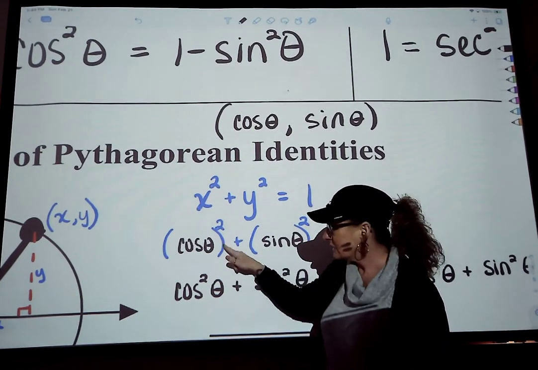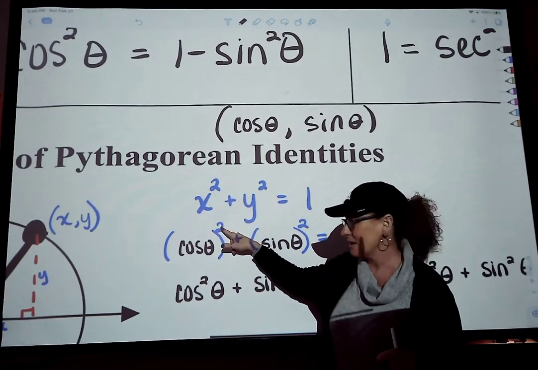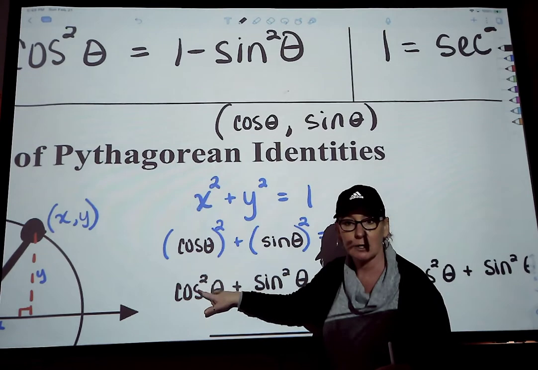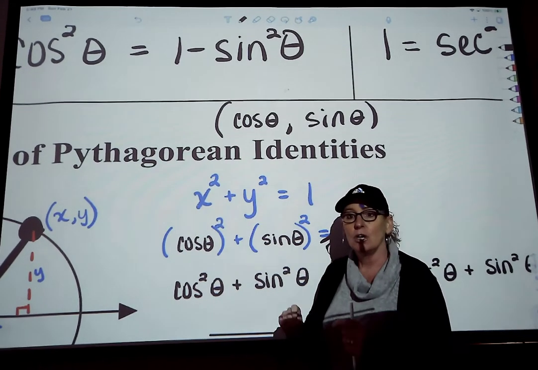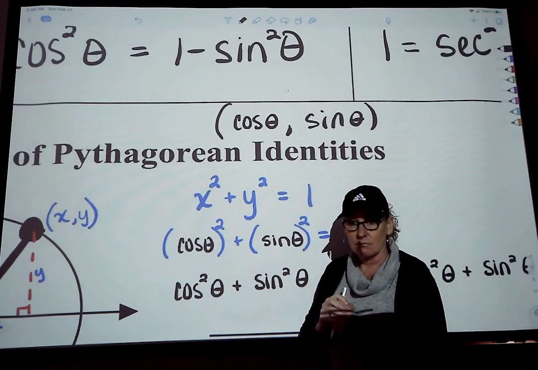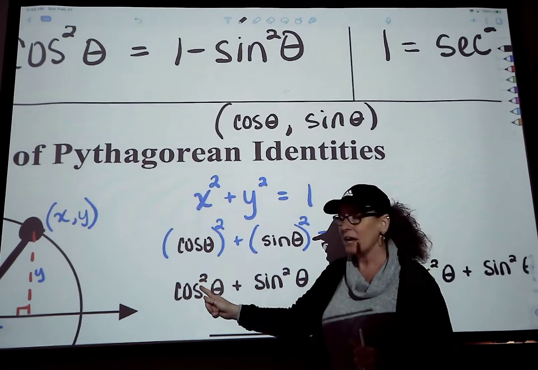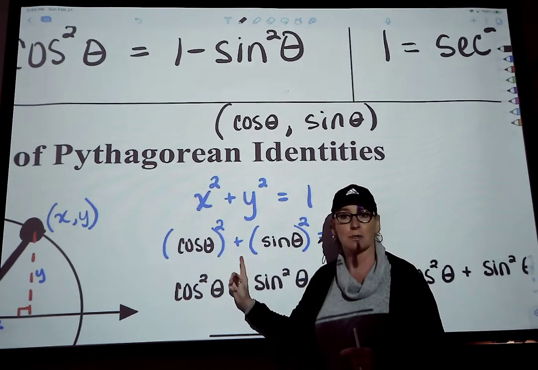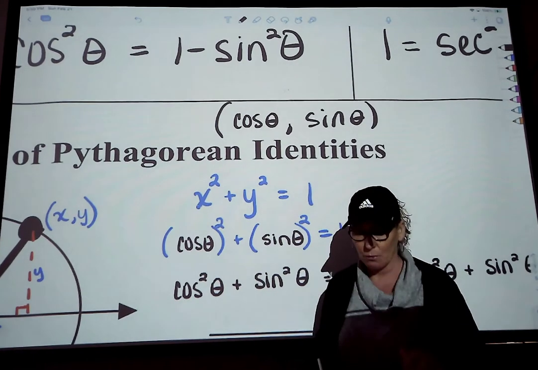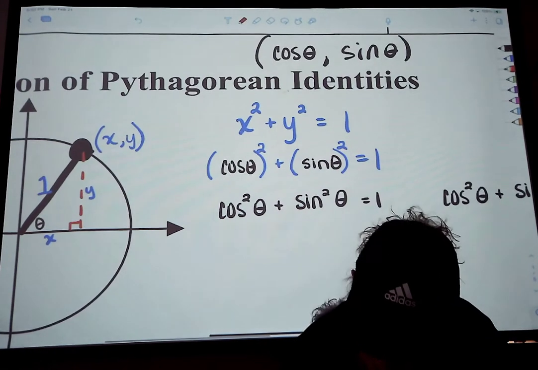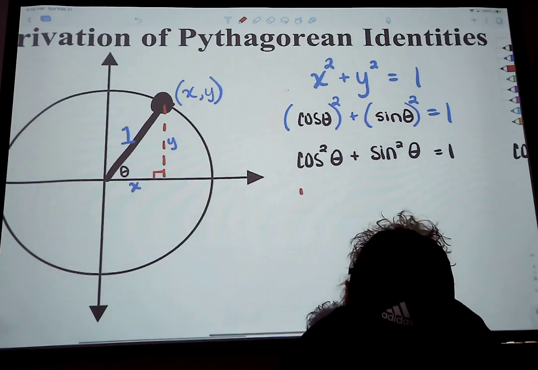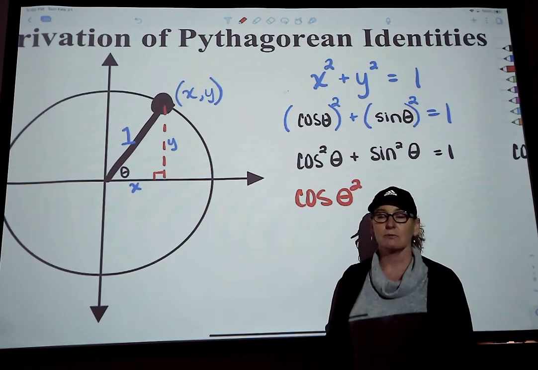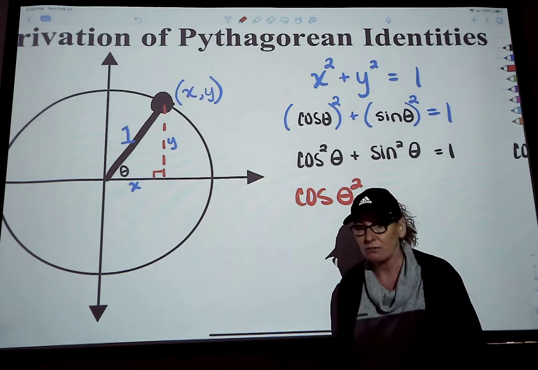This quantity squared is the same as putting a 2 on the cosine abbreviation. Writing it this way allows you to write it a little bit more quickly because you don't have to use the parentheses. However, writing it this way is wrong. Very, very wrong.